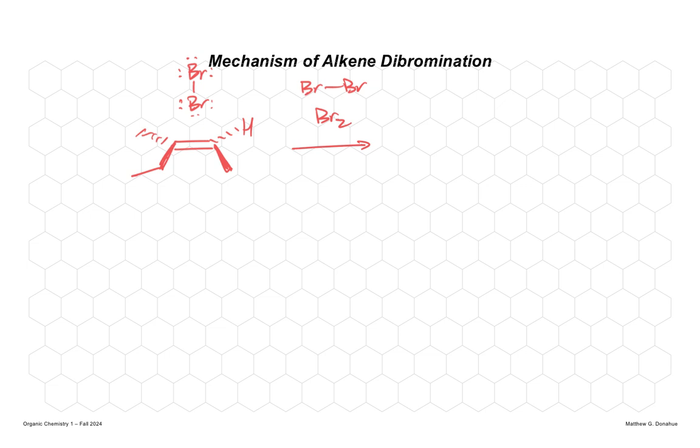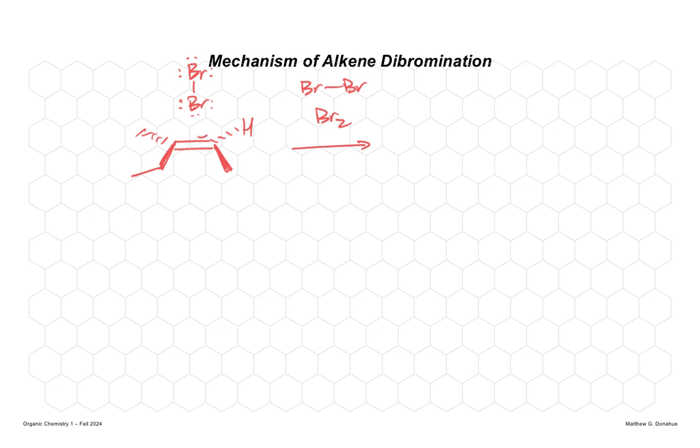So this mechanism is a bit funky in the sense of, bromine has 3 electron pairs. So you can't really, for the most part, show delta plus, delta minus, because any sort of discrepancies like that would just be very transient.